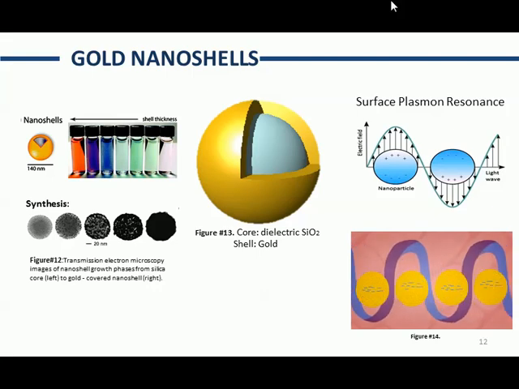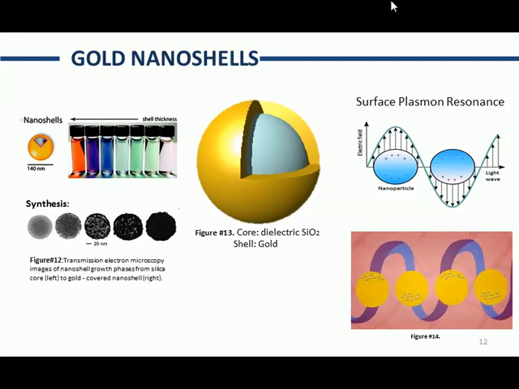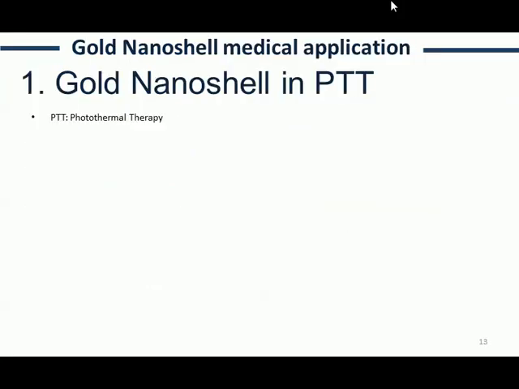You can see in figure 14 that oscillation with an animation, more clearly. This property is the one that helps in this application in medicine. For example, that is PTT, photothermal therapy.